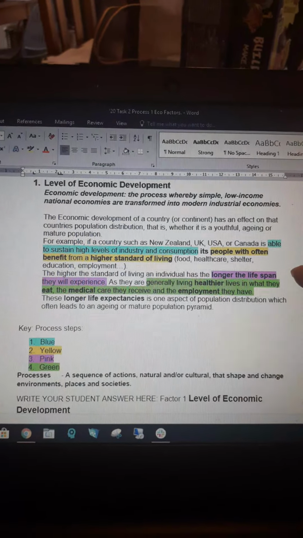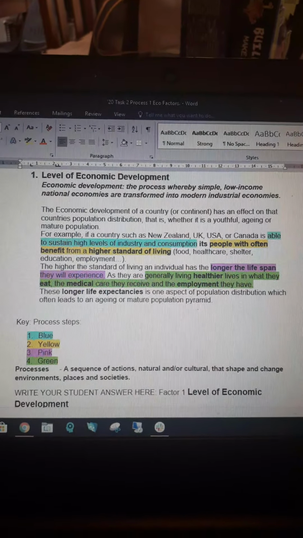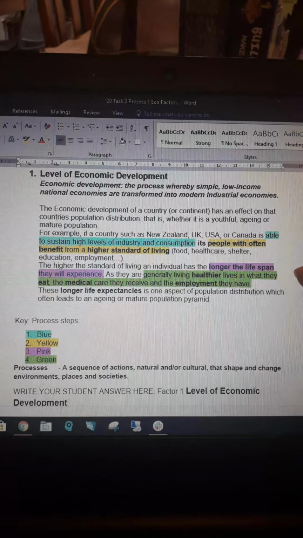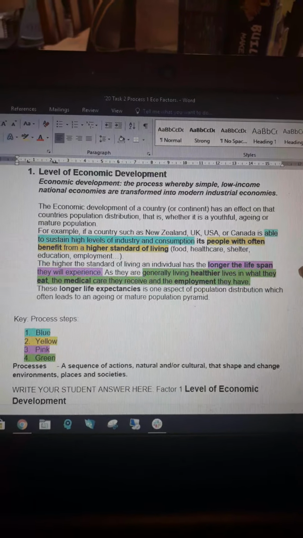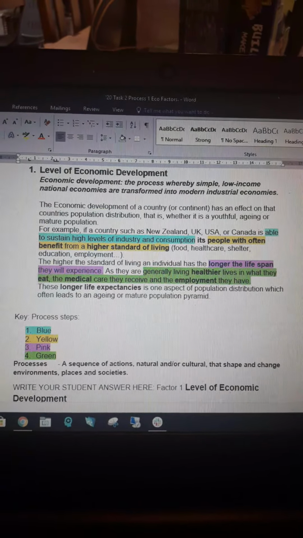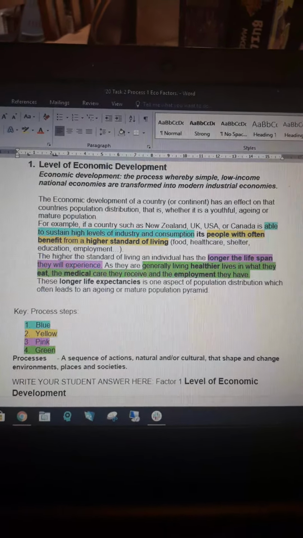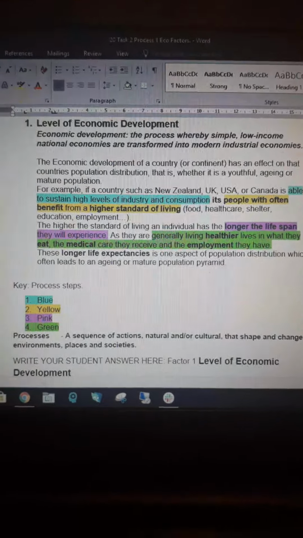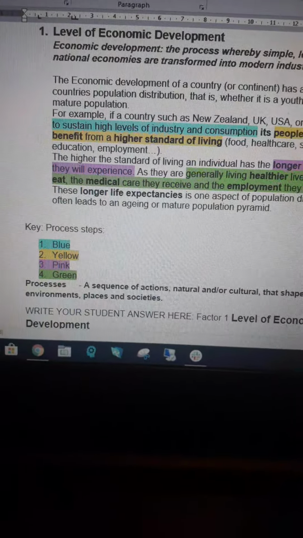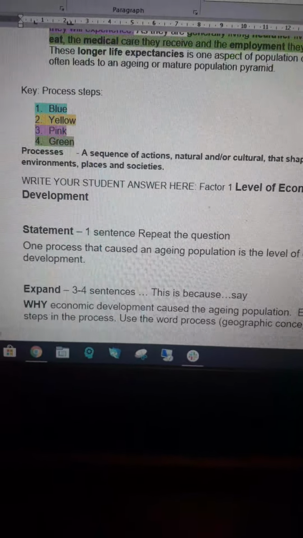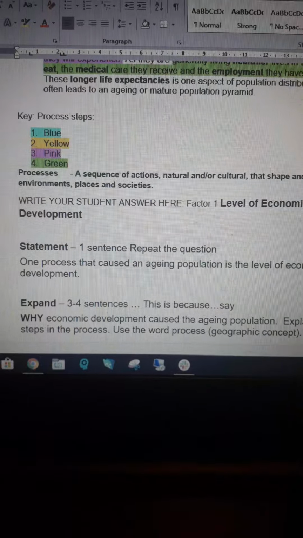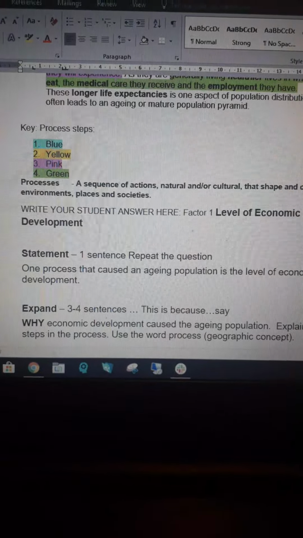The third step in the process is a longer lifespan. And the fourth step in the process is having a healthier lifestyle, and the effect of all that is more old people living longer. So you need to write in your own words the reasons why in that order, because a process is a sequence of actions, so it's got different steps in it.